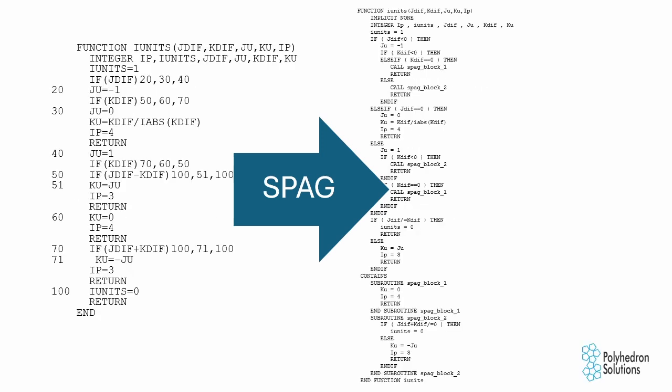Now things can get even more complicated, and in some cases the go-tos can be decoded by introducing internal subroutines, and that's what SPAG has done here. It's introduced two internal subroutines and managed to replace this spaghetti logic over here. In fact, no matter how dense the spaghetti, SPAG can always find a way to get rid of all the go-tos.